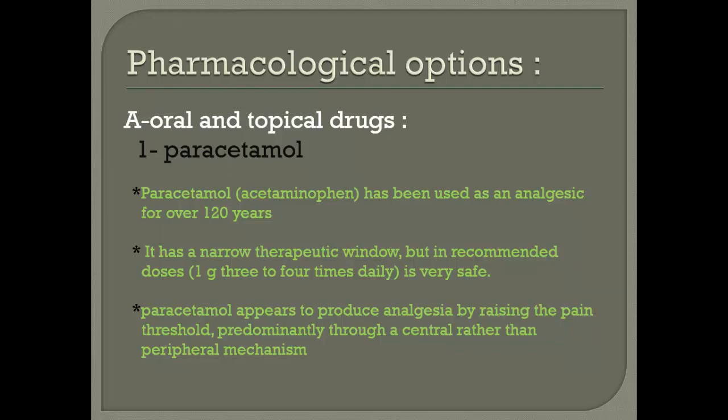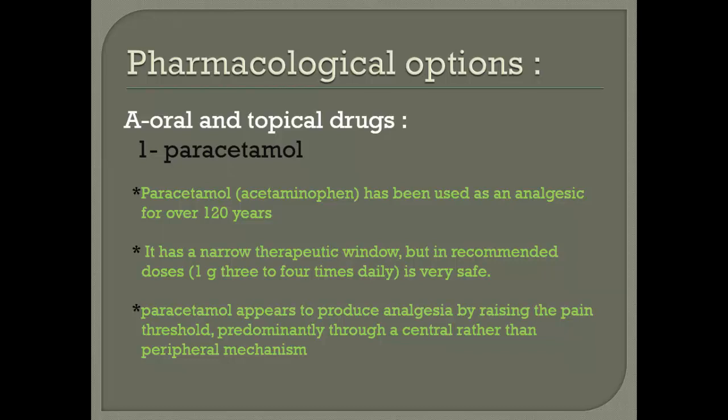Unlike ibuprofen and other non-steroidal anti-inflammatory drugs, paracetamol isn't effective in reducing the inflammation associated with arthritis. When taken regularly, paracetamol may help you to manage severe pain and can reduce the need for stronger pain medicine or non-steroidal anti-inflammatory drugs.